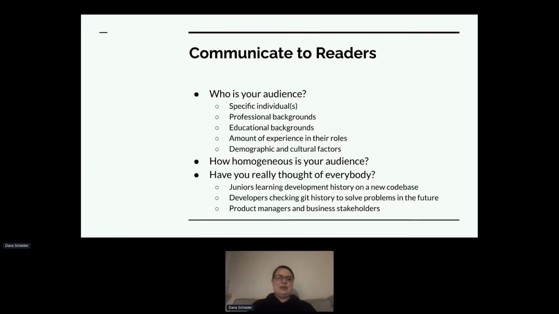But when you have different people who have different backgrounds and different amounts of background information on the topic, it's important to be a little more strategic about that.